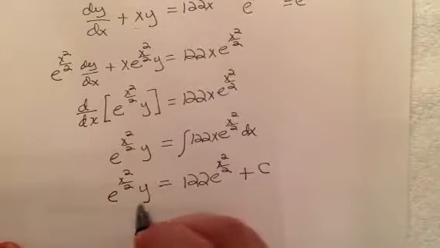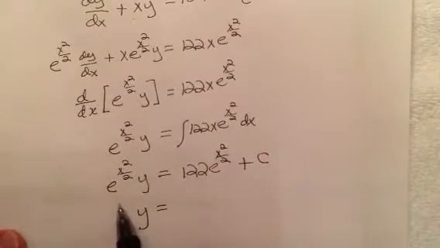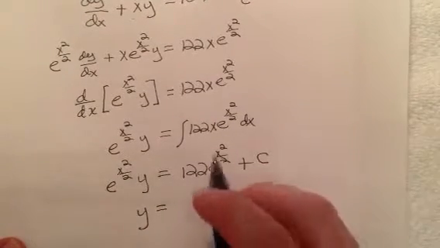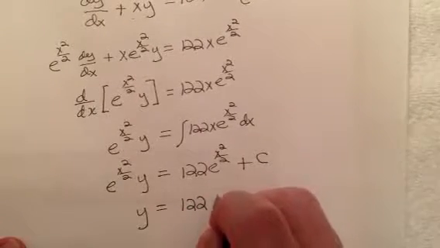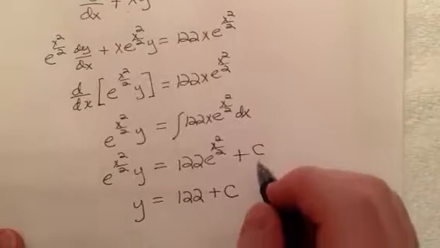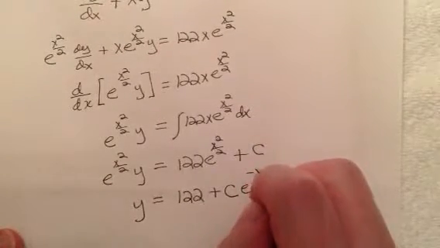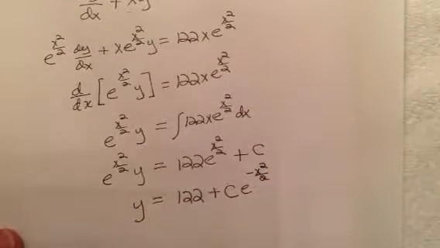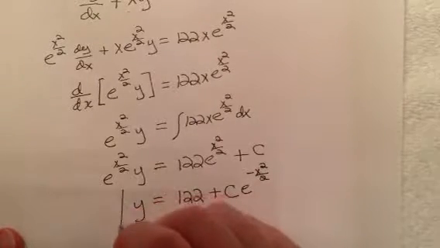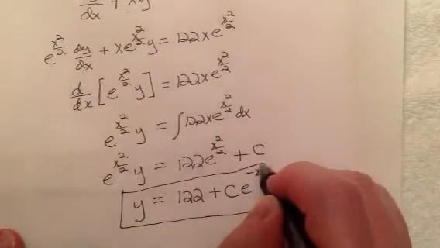Isolating the variable y and solving, we divide both sides by e to the x squared over 2, and y is equal to 122 plus c times e to the negative x squared over 2. That is our general solution for problem number 5.